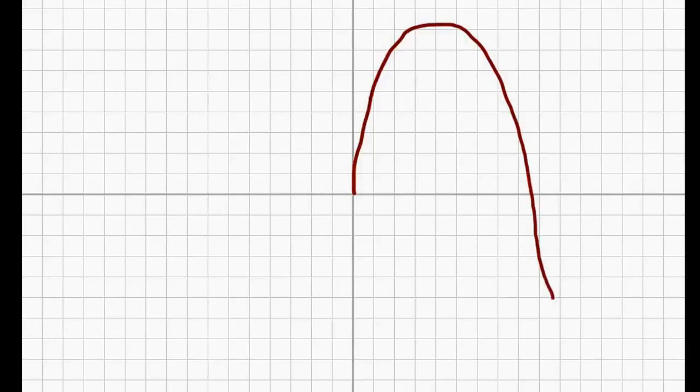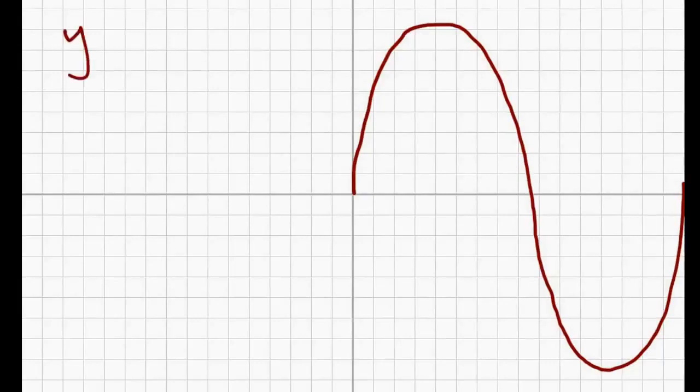Okay, so let's go back to what our regular y equals sine graph looks like, and I'm just going to draw one section of it. I'm going to enlarge it a little bit. So let's suppose that was our graph. Let's look at some different components of the graph that you have to be aware of in terms of definitions.